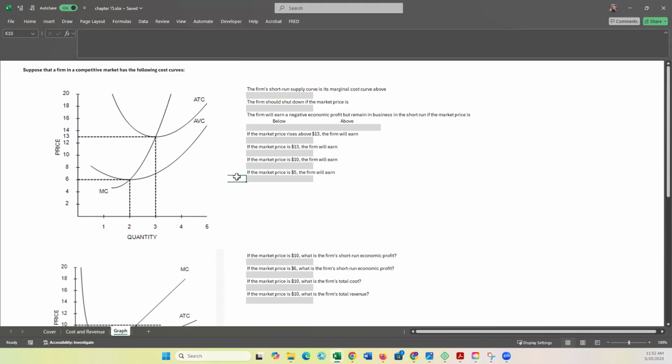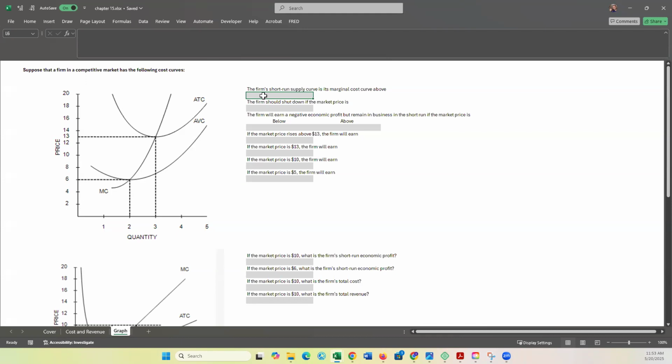I want to make sure we understand this point: if you charge $4 a pizza and it costs you more than $4, this is what it costs on average per pizza, you will not produce the pizza, right? So our supply curve is not below the average variable cost.